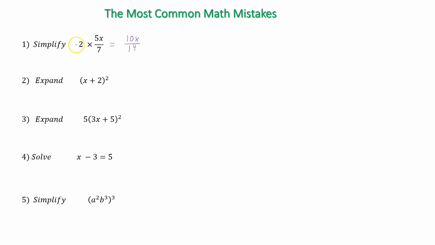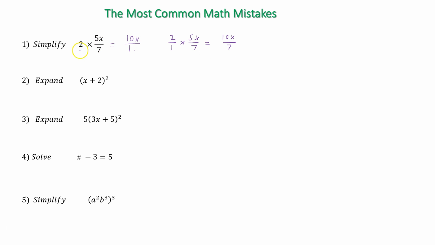So instead, the 2 should actually be written as 2 over 1 times 5x over 7, and that would give you 10x over 7.